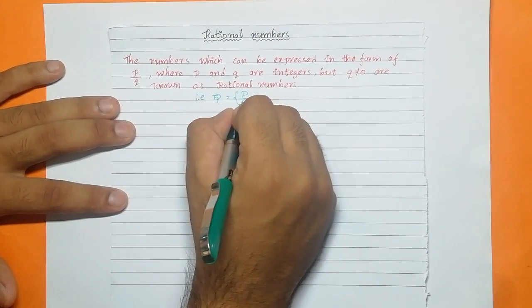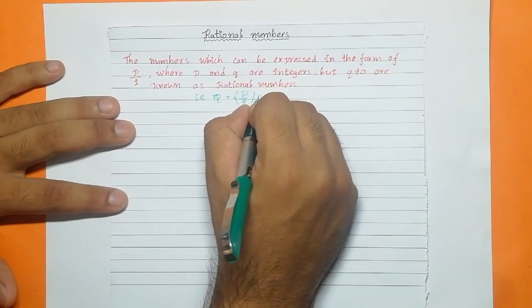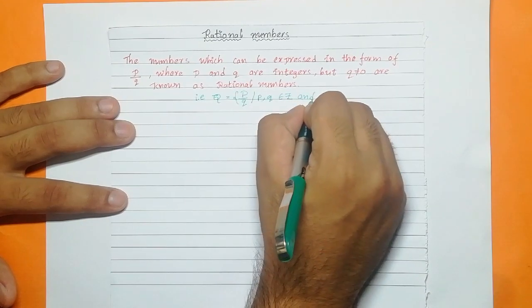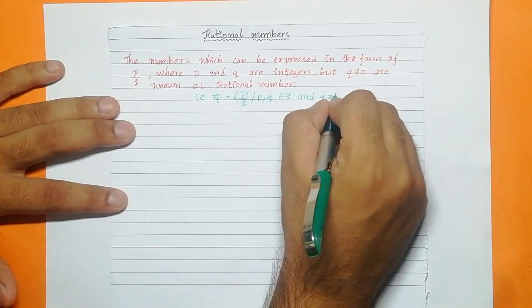Q equals the set of p by q such that p, q belongs to Z and q not equal to 0.